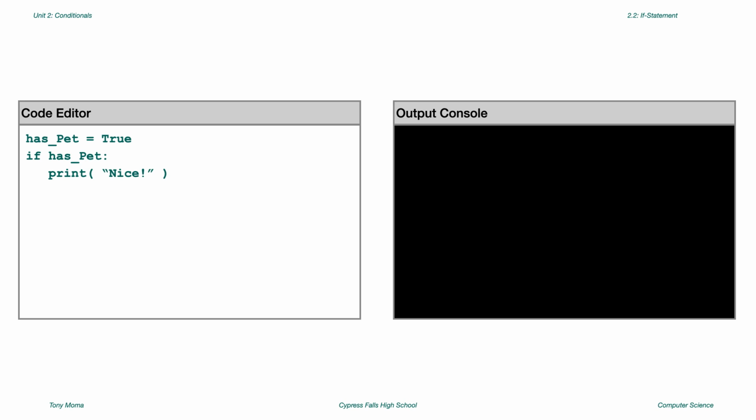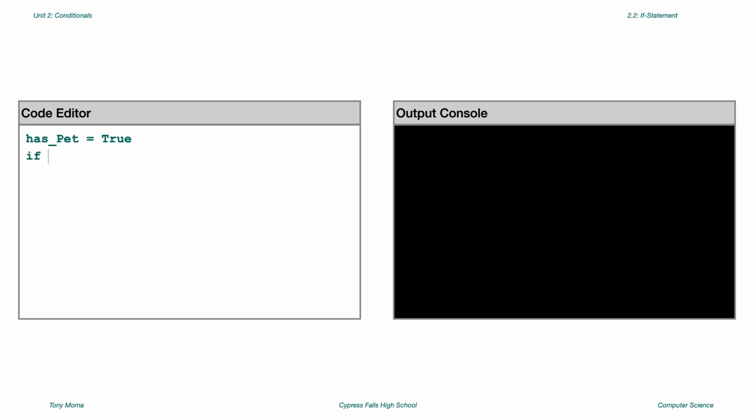Now, since I stored true inside that variable back in line 1, the condition will evaluate to true and thus the print statement, the conditional statement, will get executed. Now, suppose I set has_pet to false back in line 1. Well, in that case, the condition would be false, so the conditional statement would not get executed, and thus nothing would get printed out.